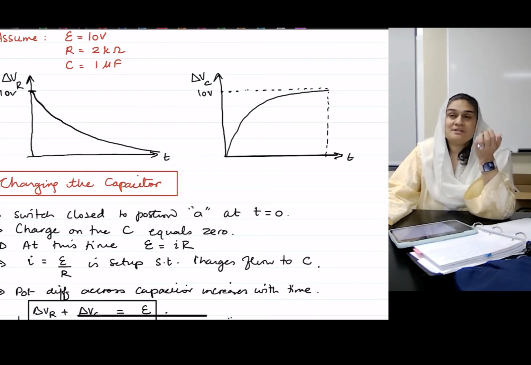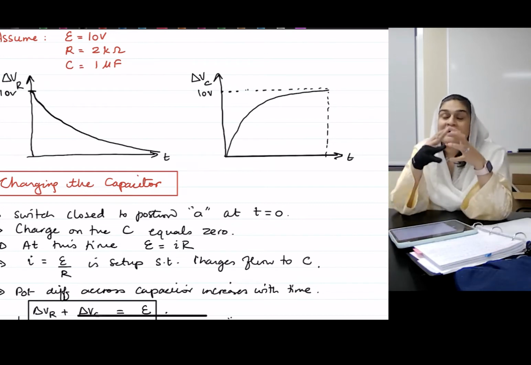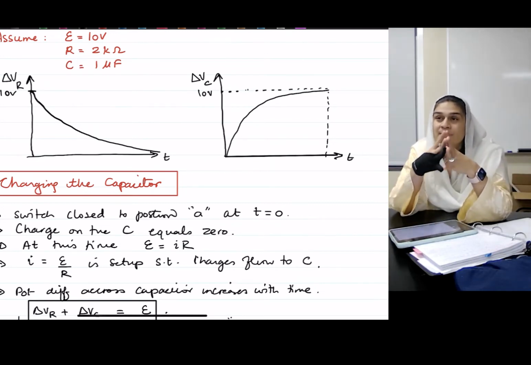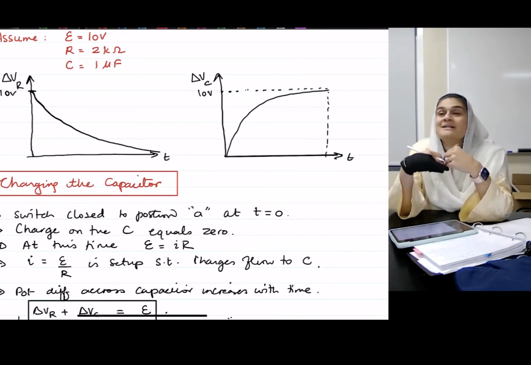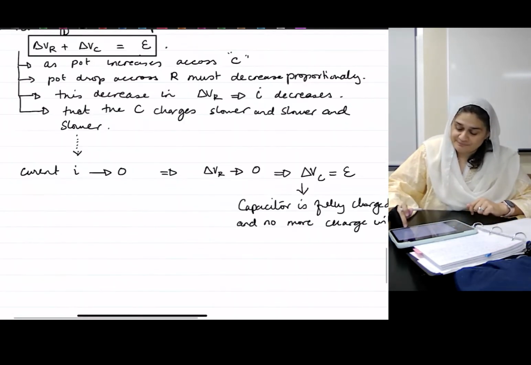Now, once the capacitor is charged, it can maintain its charge because no more current is flowing through, right? The next thing we have to worry about is discharging the capacitor.